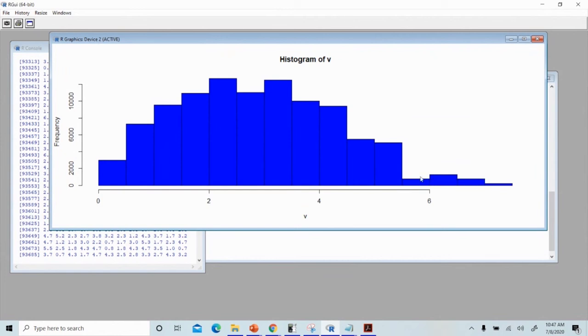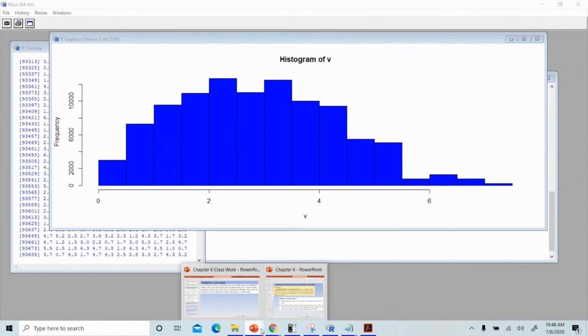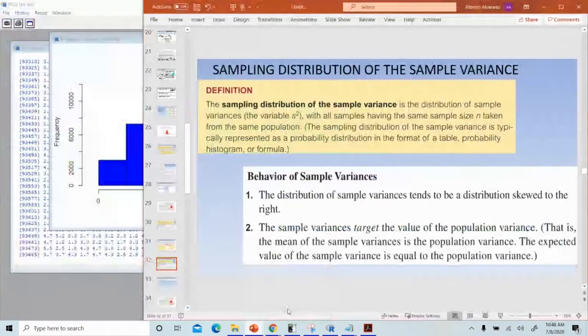But because it has this extra tail, this is a right skewed distribution. The middle is here, but the distance to the end over here is one distance, and the distance to the end over here is a little bit longer. So that's a distribution of the variances. The main takeaway is that variance is going to be skewed right. Okay, and that illustrates that.